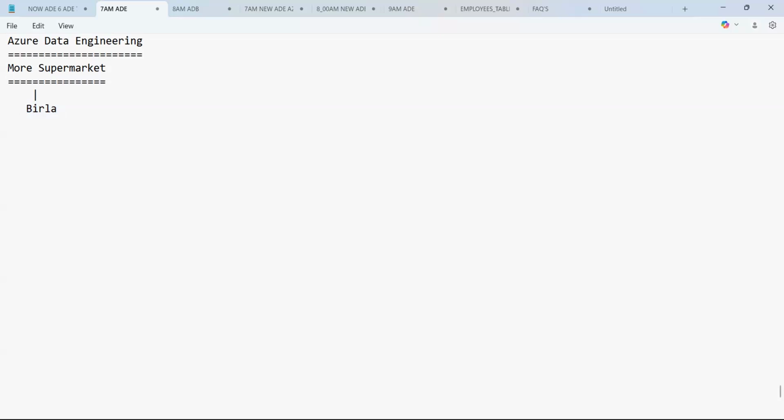They are marketing their grocery stores with the name called More. Am I right? In the same way, Microsoft is using the name called Azure to market their cloud services.